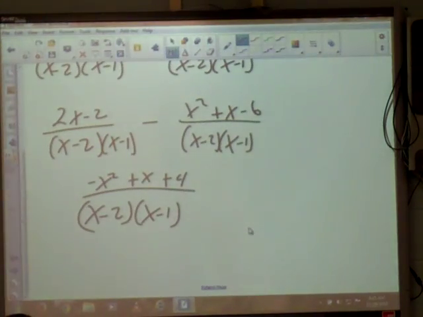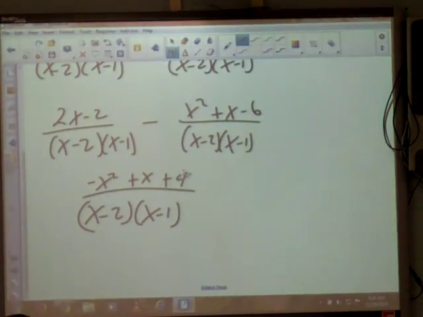Okay. We've got something ugly looking there. So what I like to do next is to factor that numerator to see if I can ninja anything. But with that negative x squared, nah, that's just no good for me. But go ahead and use some common sense and think about it. Even if we took a negative out to change all that, your a times c would be 4, right?